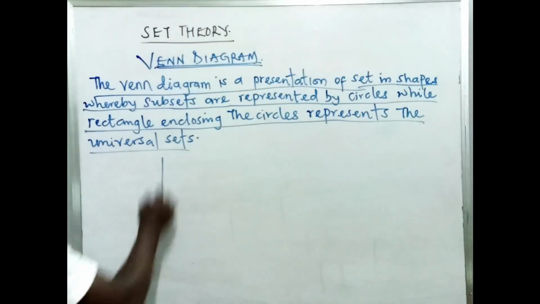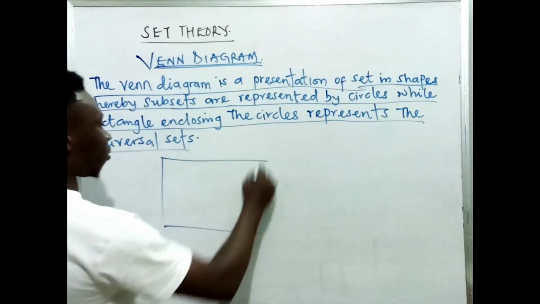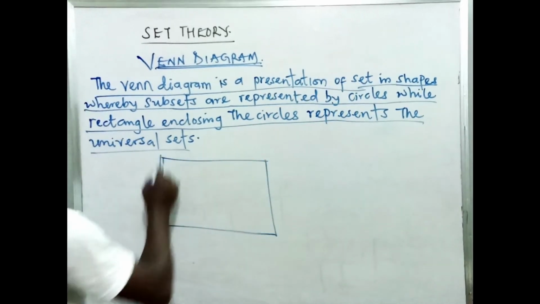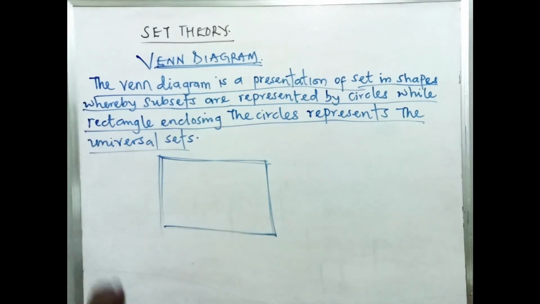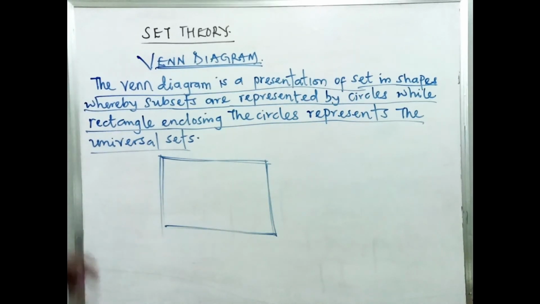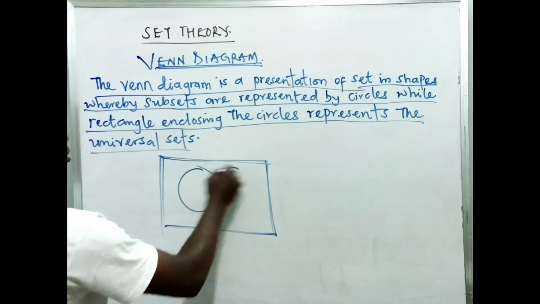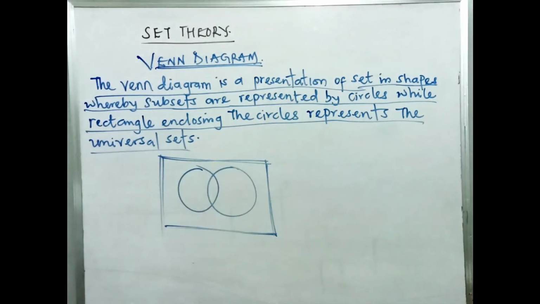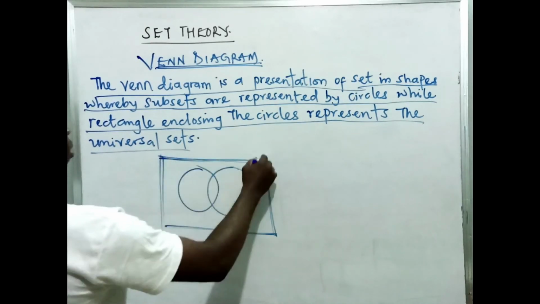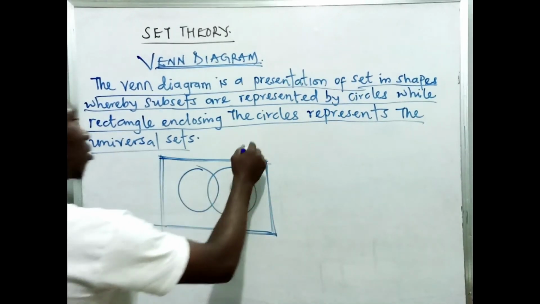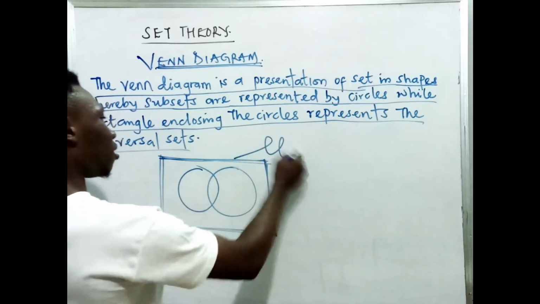Venn diagram is where you get to use a rectangle to express your information. Subsets are represented by circles, while the rectangle enclosing them is known as the universal set.